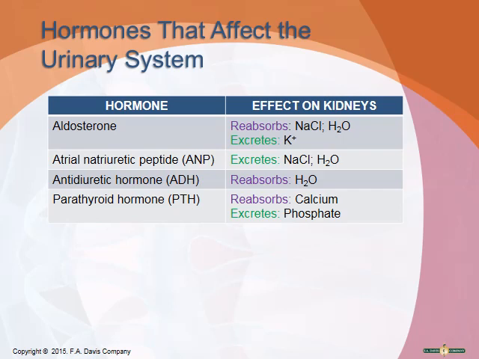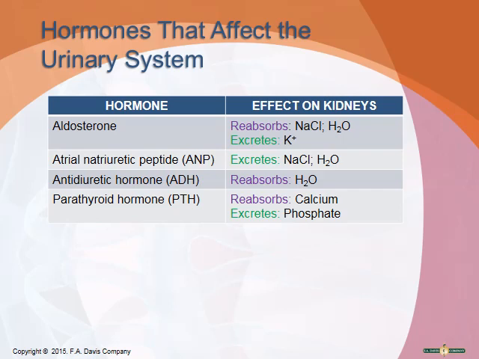Atrial natriuretic peptide, known as ANP, causes the kidney to excrete sodium and water. This is released from the muscles of the heart when there's an increase in blood volume. So the atria is stretched, and therefore this peptide is released, tells the kidney to get rid of salt, therefore water, therefore decreasing blood volume and blood pressure.